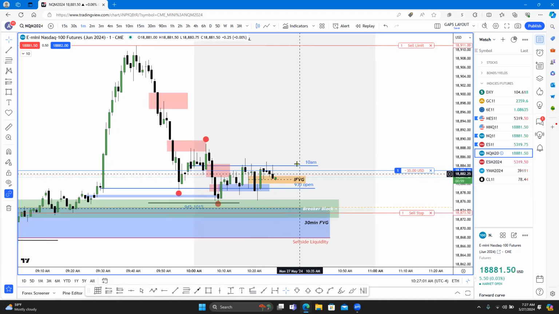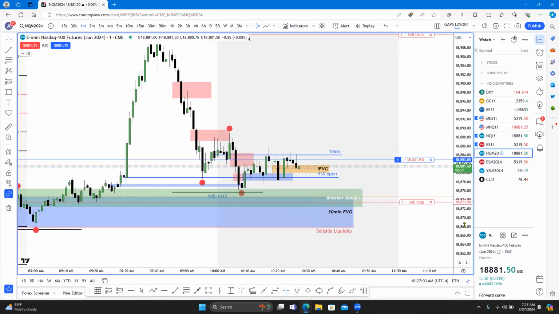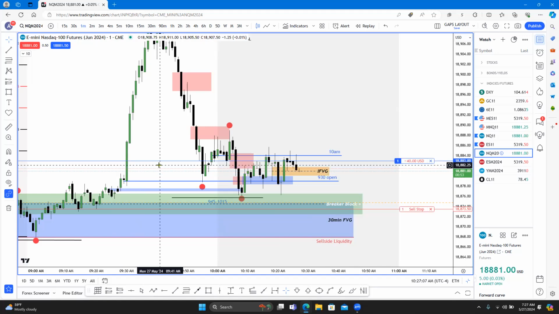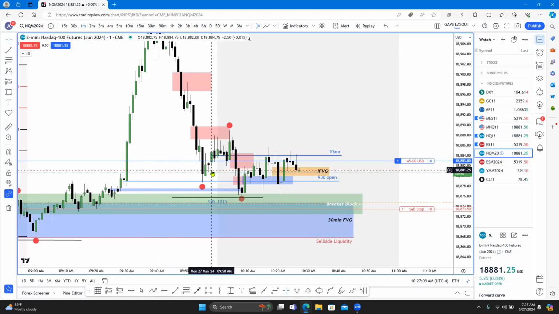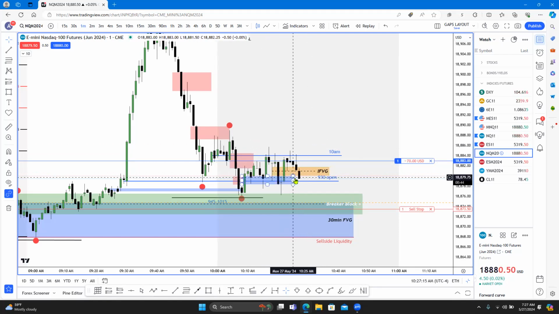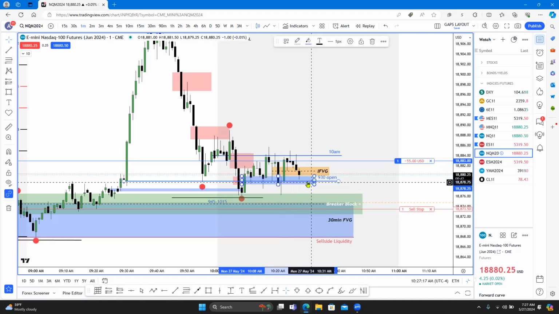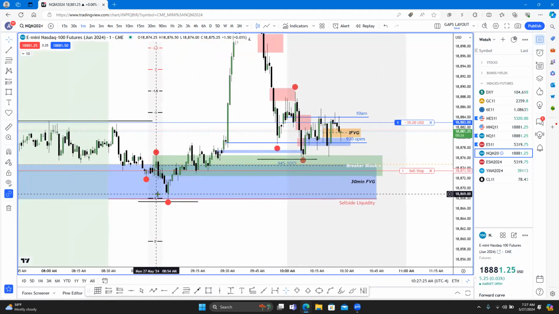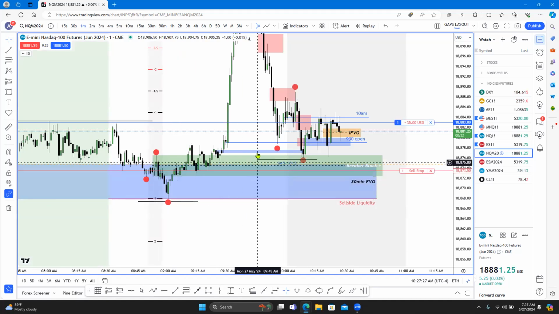Coming in, I'm not expecting this to be the greatest trade in the world or a trophy trade or to lean my whole career on this one trade. We're just reading price and seeing are we going to be correct in our analysis so far? Or do we come lower into this 30-minute, take some sell side in here?